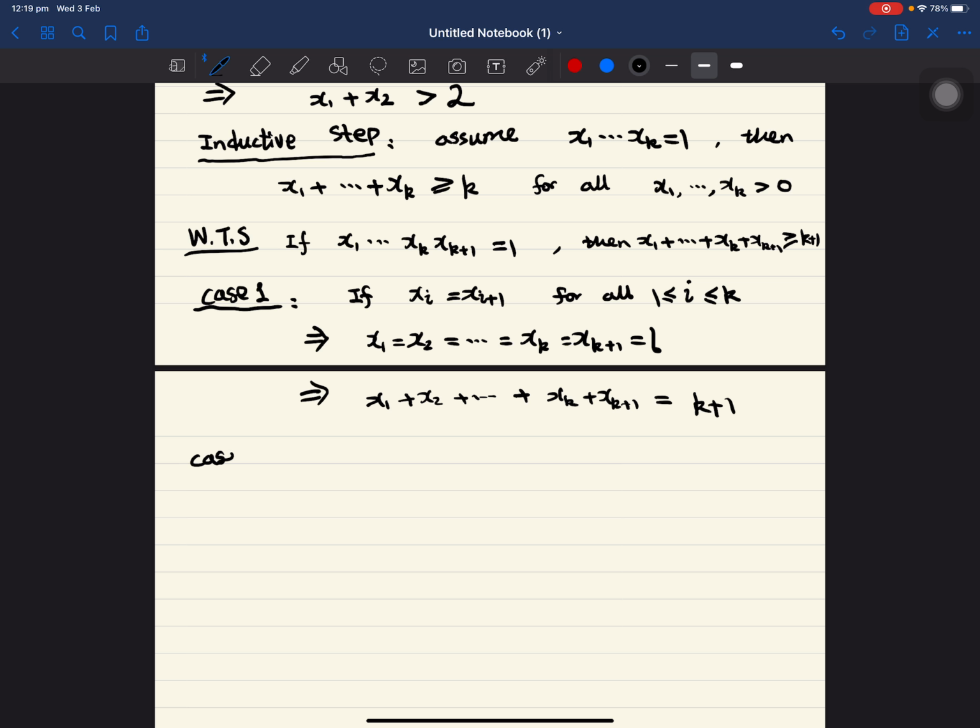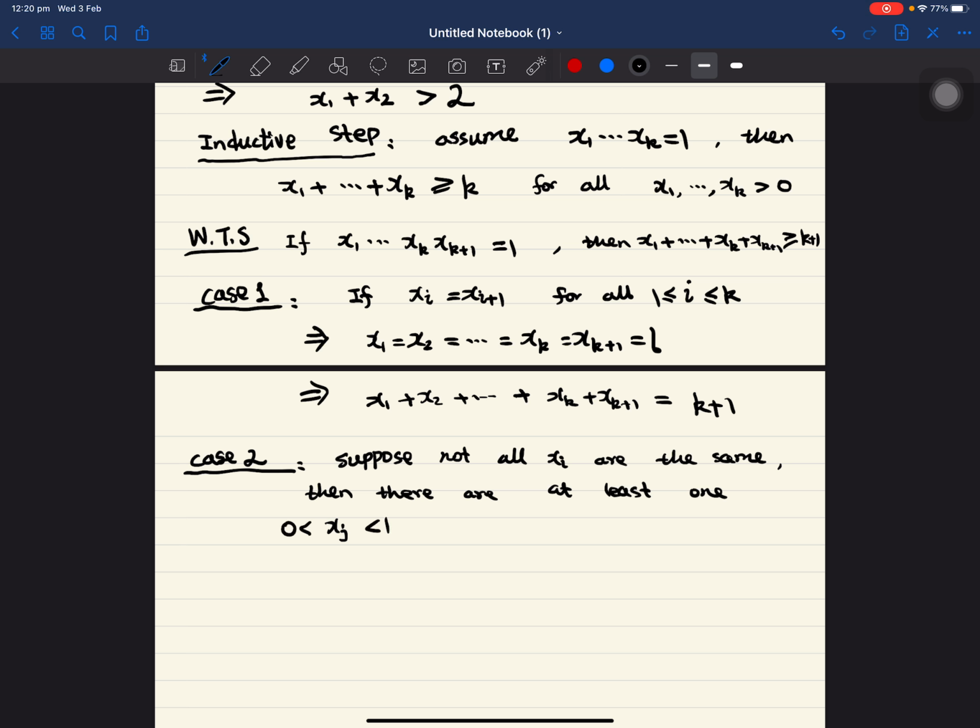Okay, now case 2. Now we suppose not all xi's are the same, so there should be at least two, like xi and xj, that differ, and there is at least one xj between 0 and 1, and one xi greater than 1.